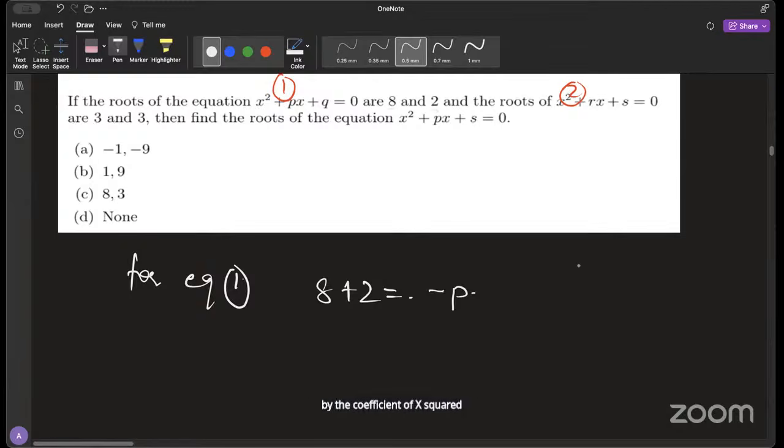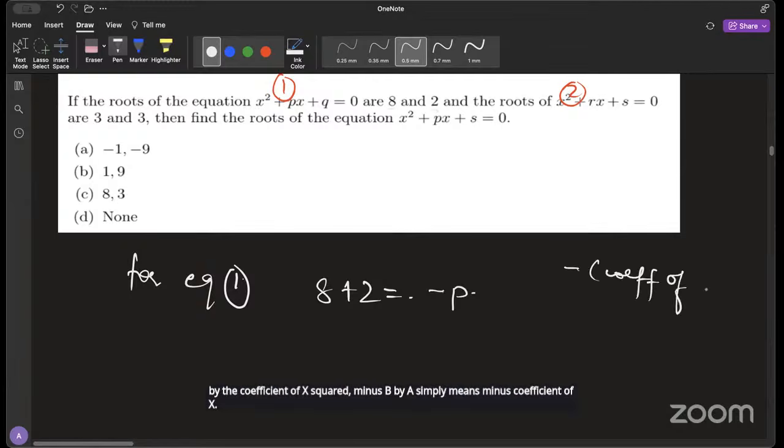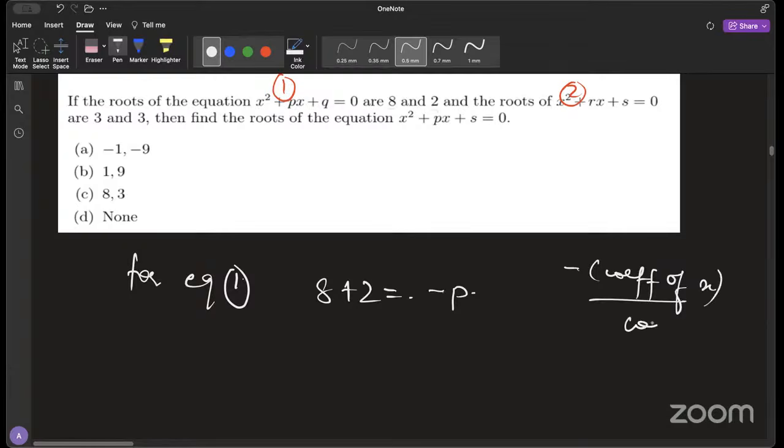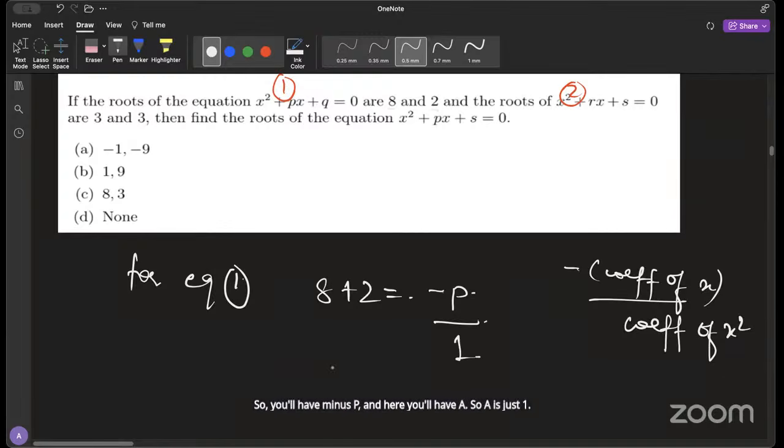Minus b by a simply means minus coefficient of x by coefficient of x square. So here the coefficient of x is p, so you'll have minus p, and a is just 1. That means your minus p should be equal to 10, or you can say p is equal to minus 10.